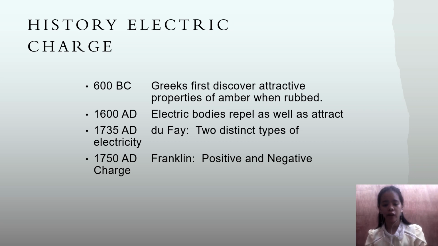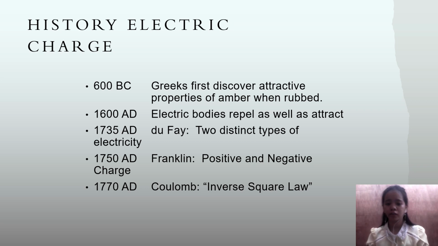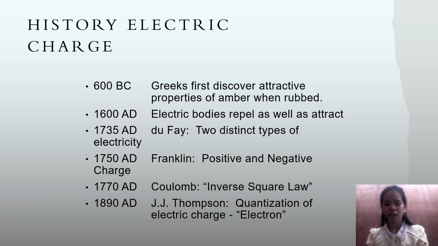In 1750 AD, Franklin learned about positive and negative charge. In 1770 AD, Coulomb created the inverse square law. In 1890 AD, J.J. Thomson discovered the quantization of electric charge, the electrons.